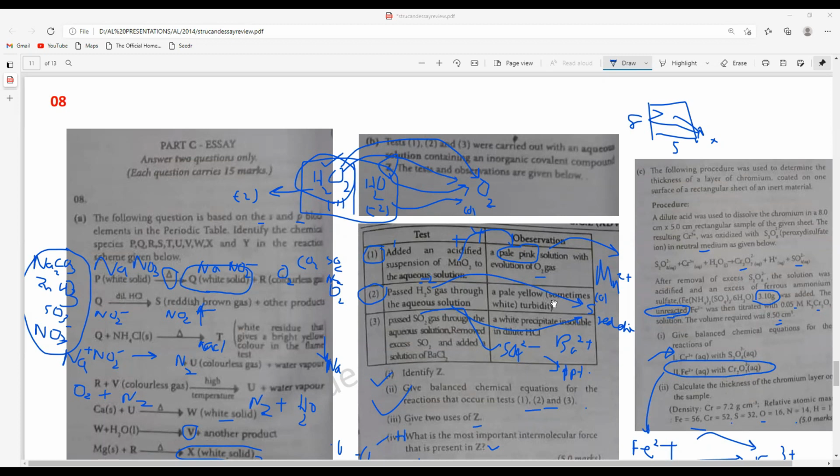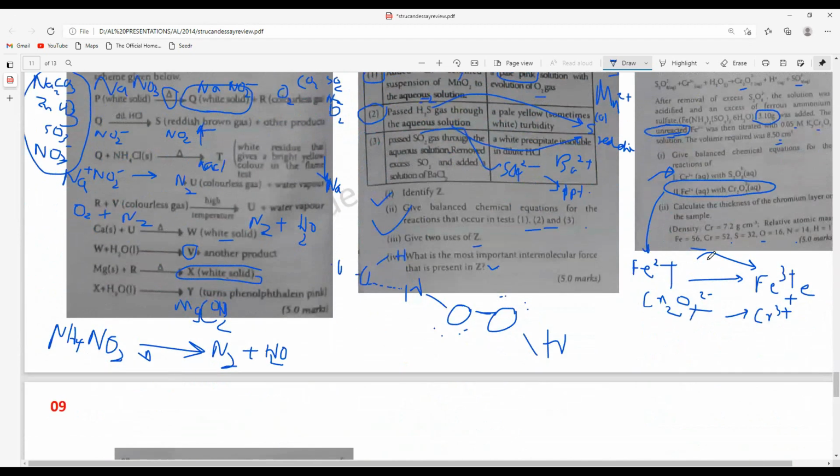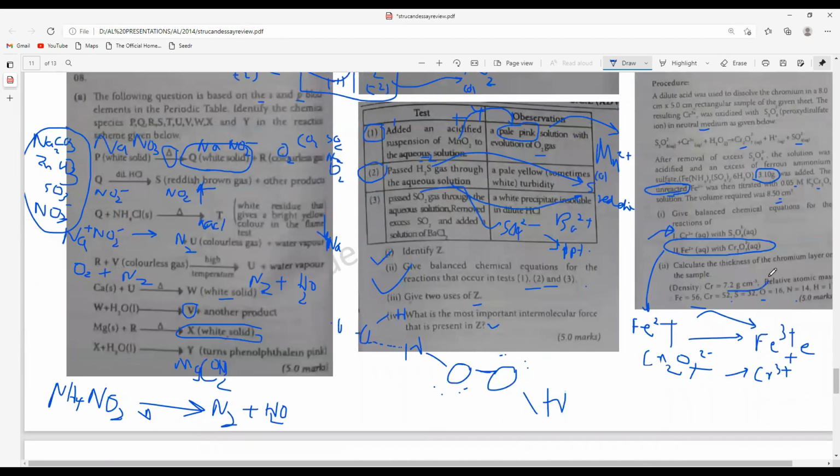And if you know the difference, you can get the stoichiometry as 1/6, and then you need to know the entire mass, which is now 8 into 5 into some thickness into the density. So that's all. Okay. And don't forget, they have given the density of chromium here.